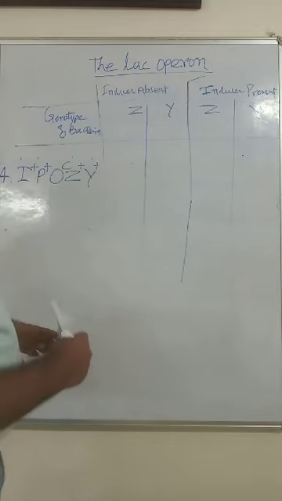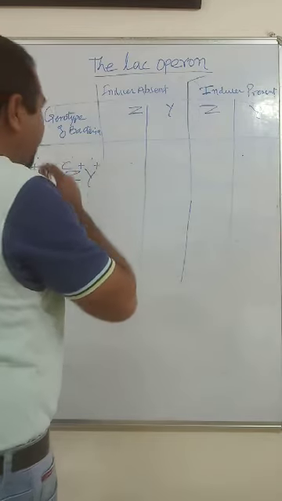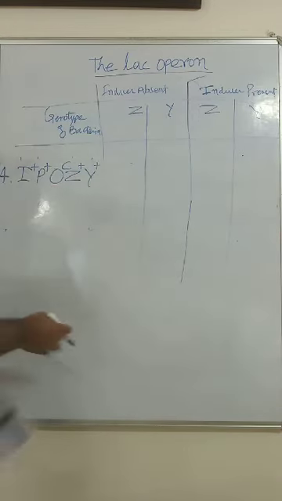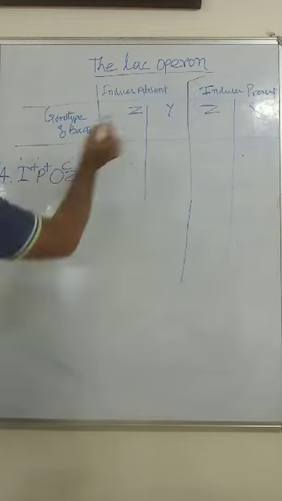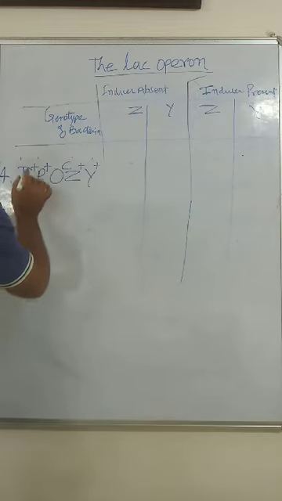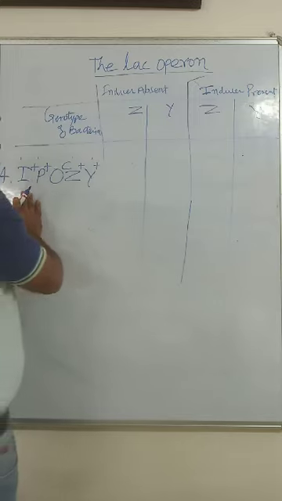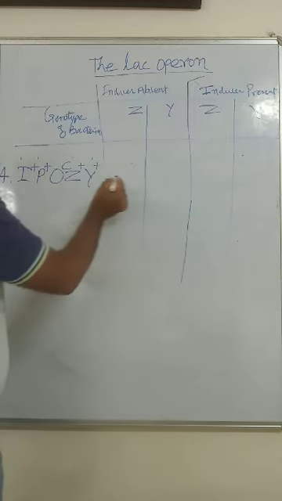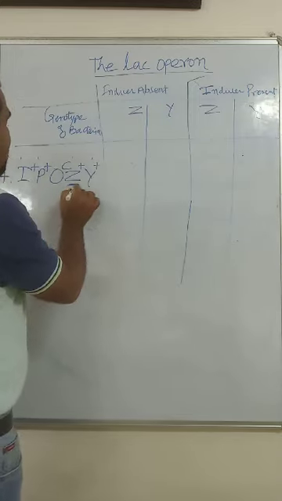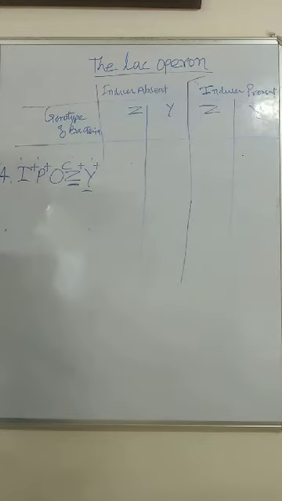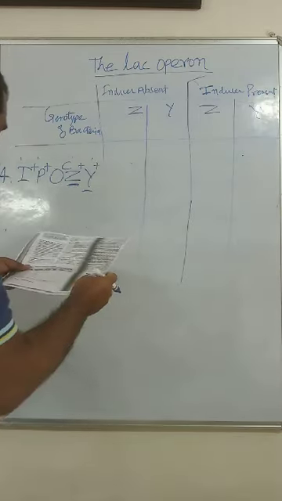So what happens when inducer is absent? In that case, when inducer is absent, the normal copy of regulator gene will act normally, and it inhibits the production of lac Z and lac Y gene.